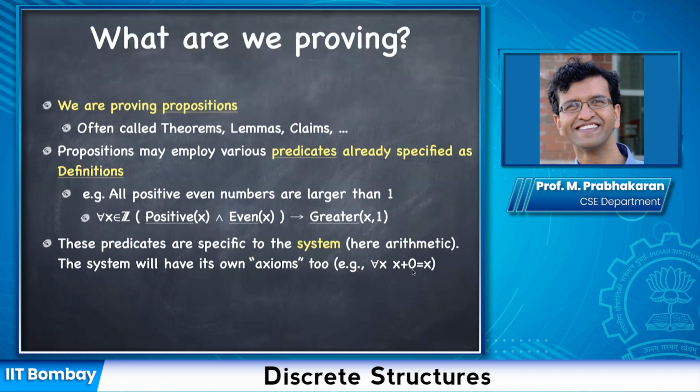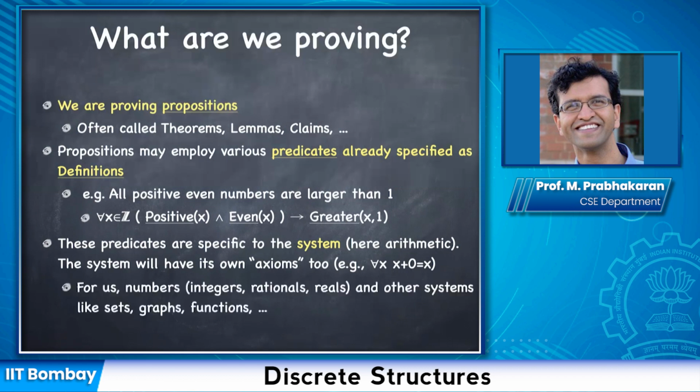So these axioms would be specific to the system. In fact, the axioms are essentially what define the system. And for us, these systems would be things like integers or systems of more complex objects like graphs that we would see later on. Okay, so that's what we are trying to prove.